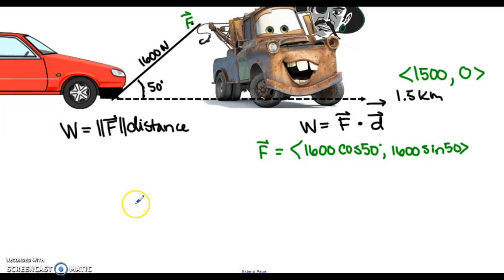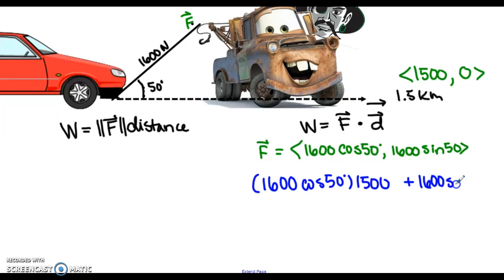So if I'm going to find the dot product of this, I'm going to take the x values and multiply them. So 1,600 cosine of 50 degrees times 1,500. And then we're going to add 1,600 times the sine of 50 times 0.